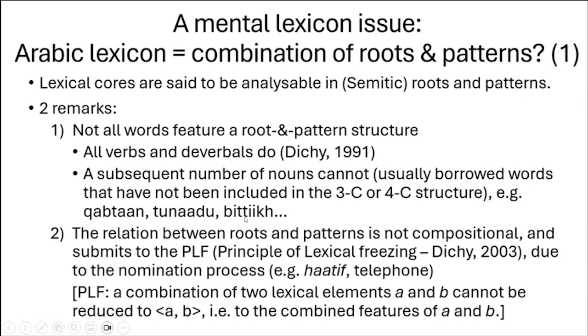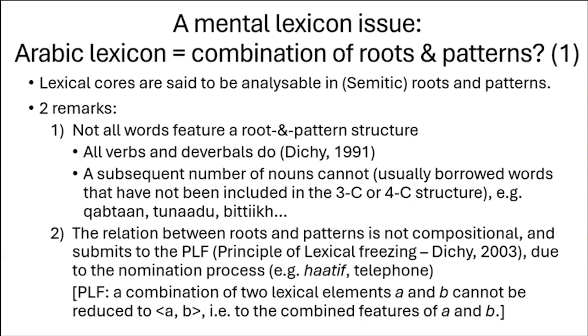Bitir has given pastèque in French after traveling around the Mediterranean. That's remark number one: a lot of words, a lot of nouns, are not in the root and pattern system.